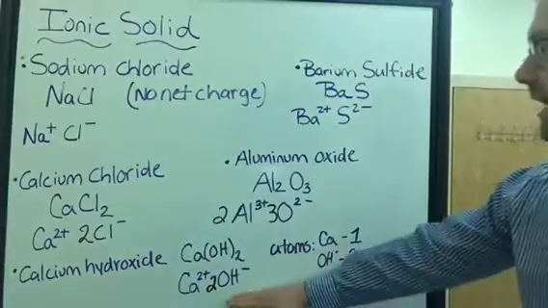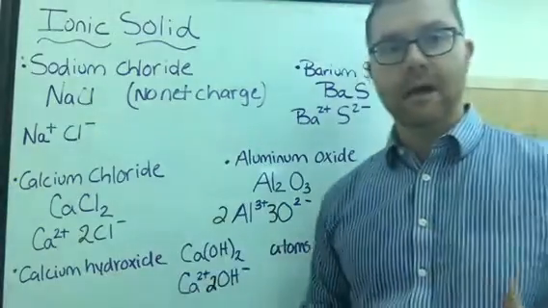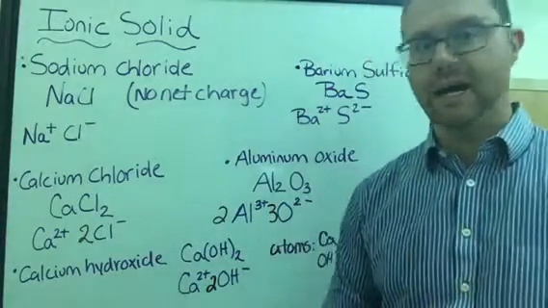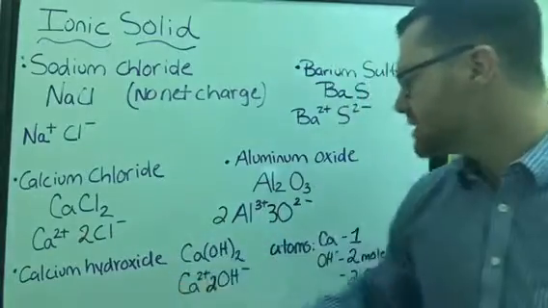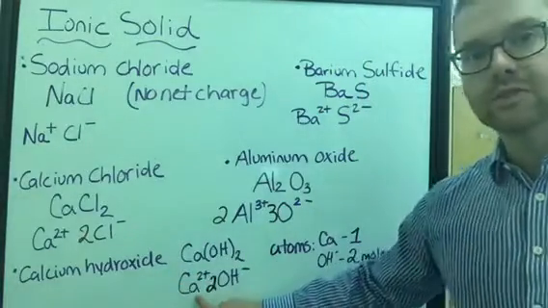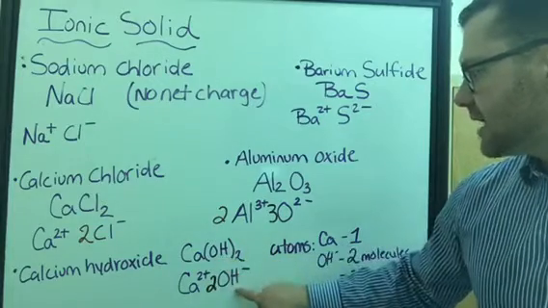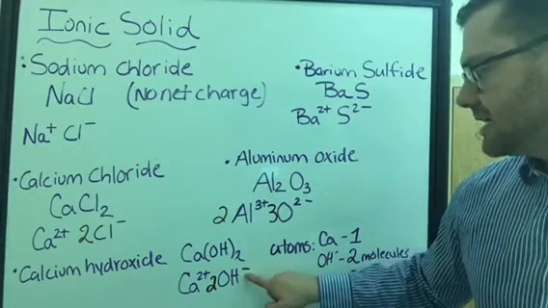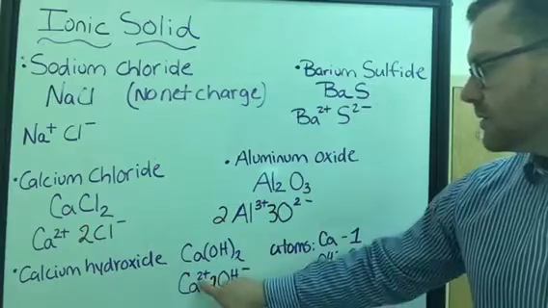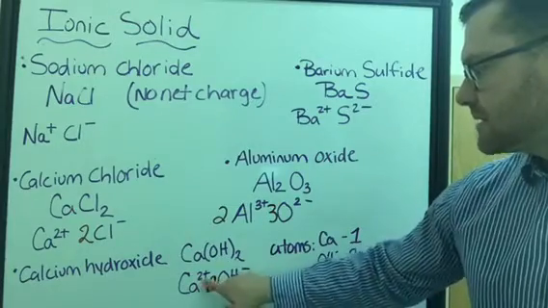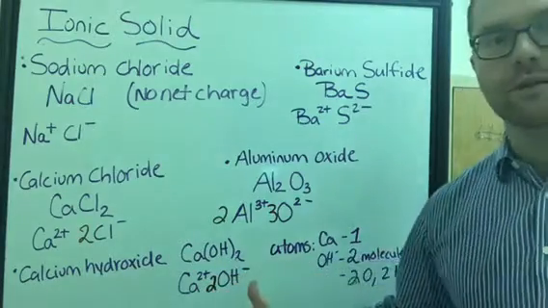All right, now we can also have molecules bound to an ion. So in calcium hydroxide, we have calcium, which is 2+, bound to 2 hydroxides. So hydroxide has a -1 charge. Well, the charge is balanced. +2 and 2 times -1 is -2, which is 0.